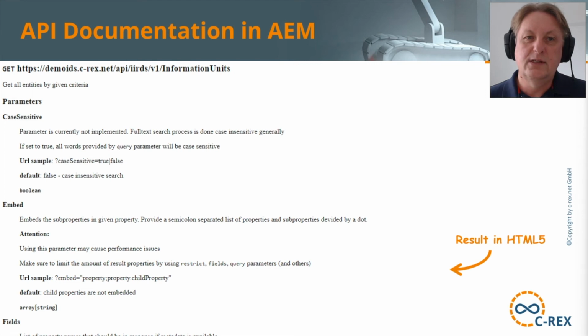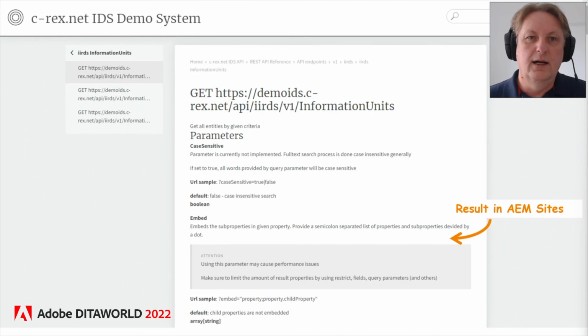As end users expect this in HTML5 output as well, of course. Same overwritten content is available here. No additional effort. Of course, publishing this content from AEM also works with SprayMaker Publishing Server, which looks much nicer in the result, of course. And this is how the result looks like in AEM sites.